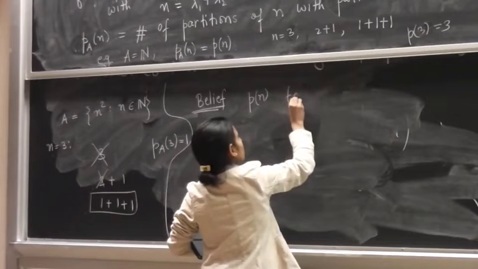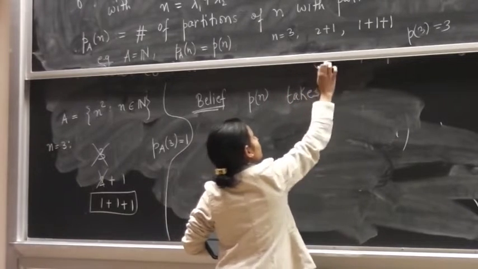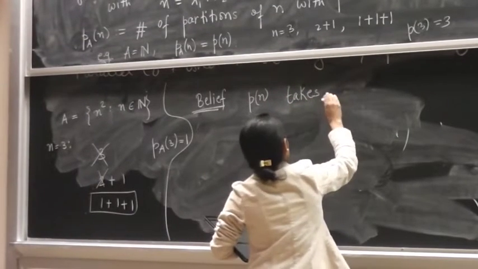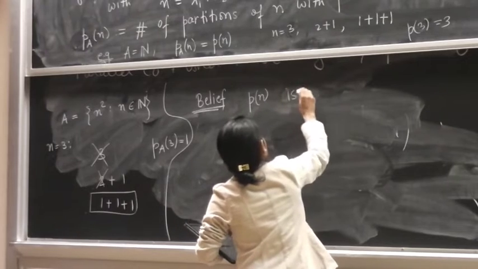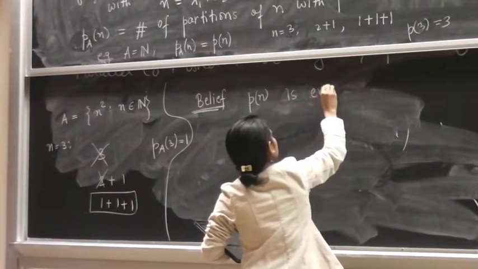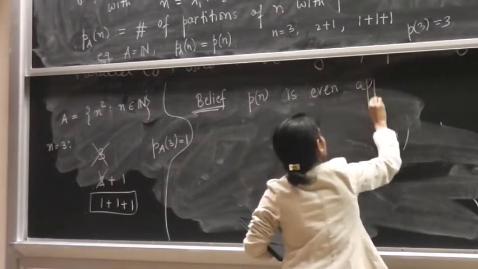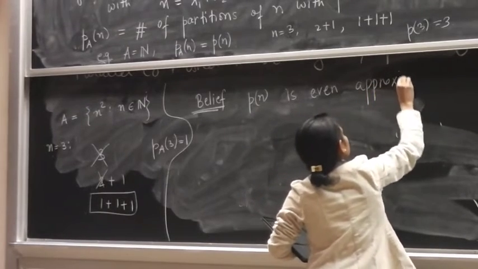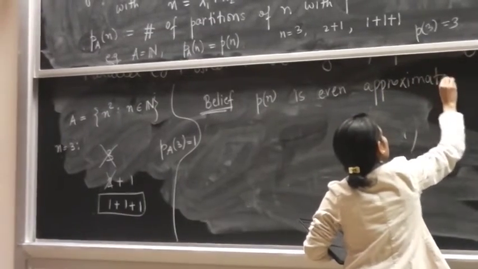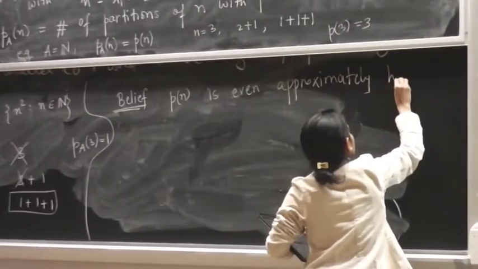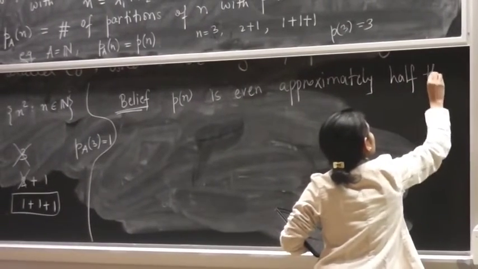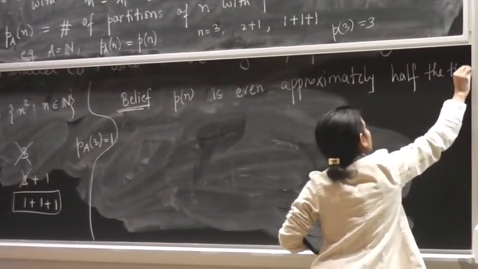The conjecture is that the values of P of n are even half the time. So P of n is even approximately half the time.